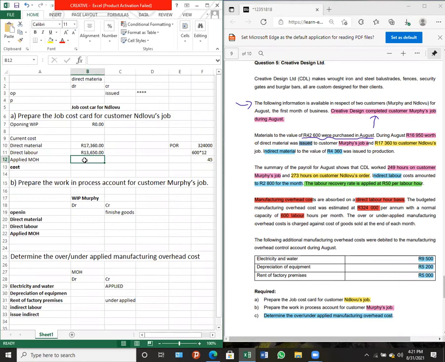The applied is equal to POR times actual basis. And they have stated it is absorbed on direct labor hour. And here, guys, we are doing who? Ndlovu. Anyone want to try this?